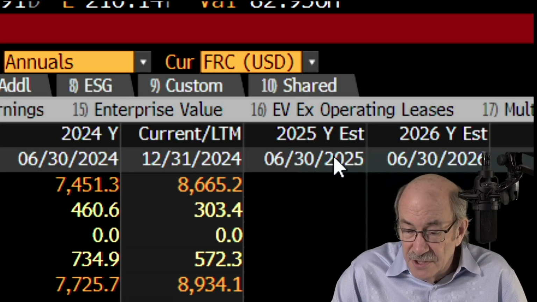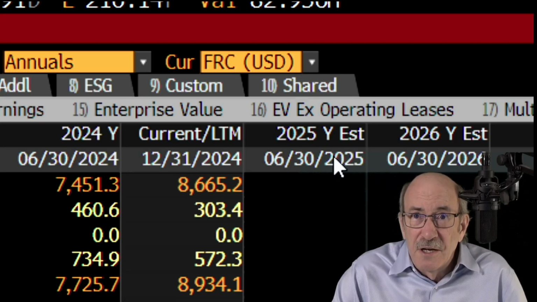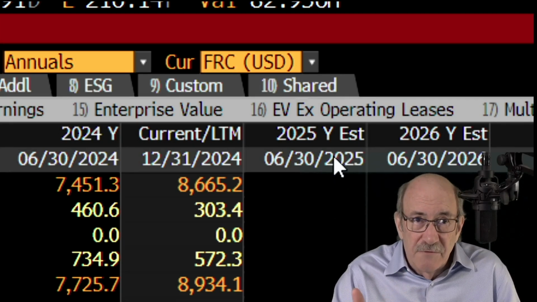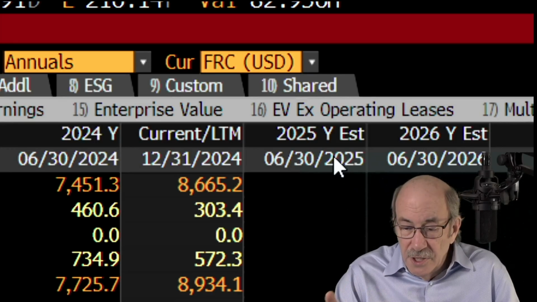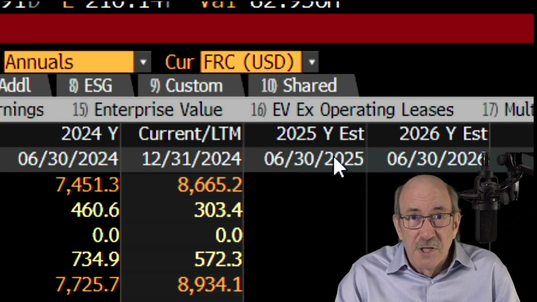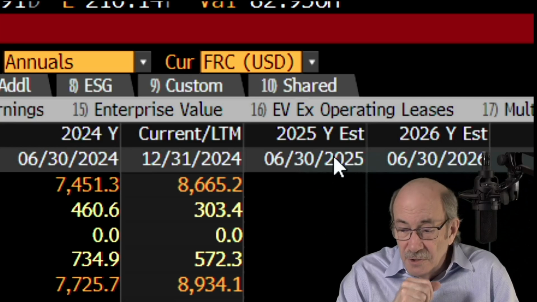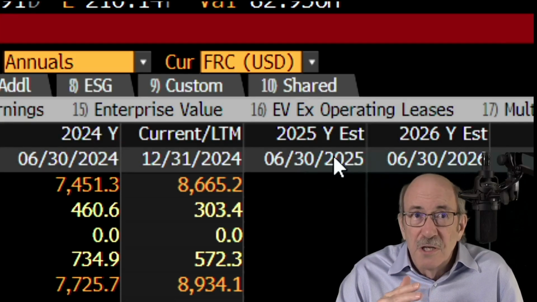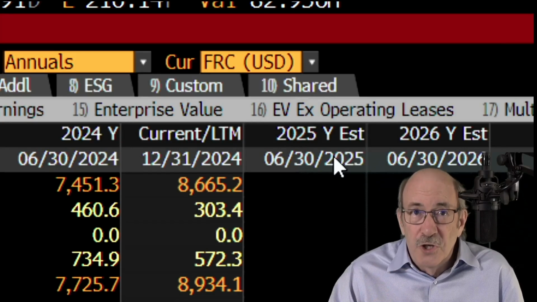To do this properly, what we should do is take the 3 quarters and add them up, and then project a fourth quarter and make that our 2025. So that would be fiscal year end 2025, the year ending on June 30th of 2025. And then all of the subsequent years will be forecast for the full year.